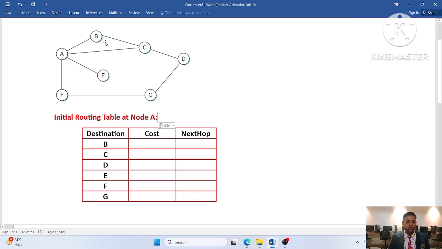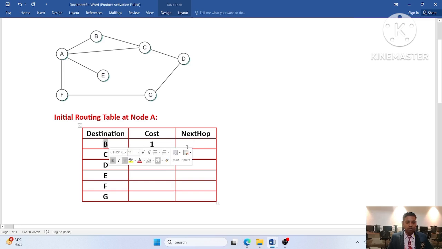The cost to reach node B is 1, the hop count is 1. The next stop router is B, so in order to reach destination B, I have to jump to B.